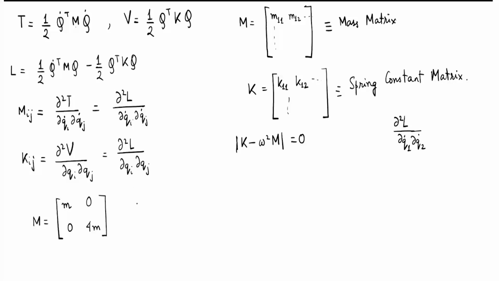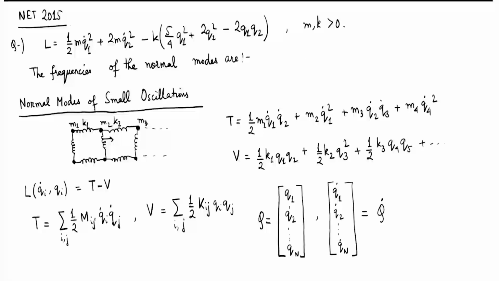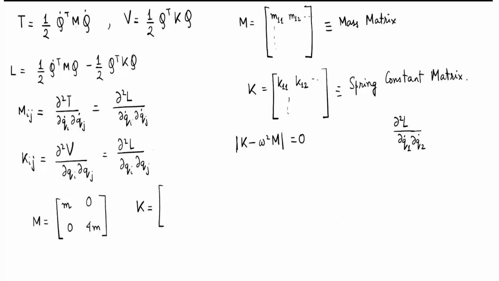The spring constant matrix K is given by the double derivatives of the potential. So first will be 10 by 4 K. So this is del 2L, del Q1, del Q2.